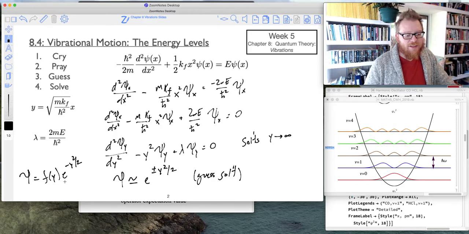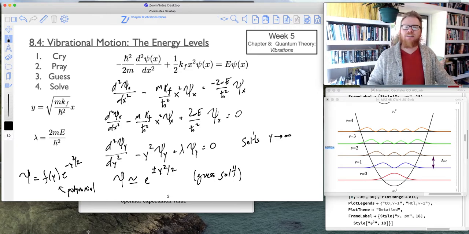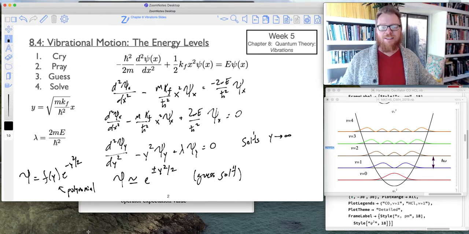This f of y is a polynomial in y that's going to give us these asymptotic quantized values.